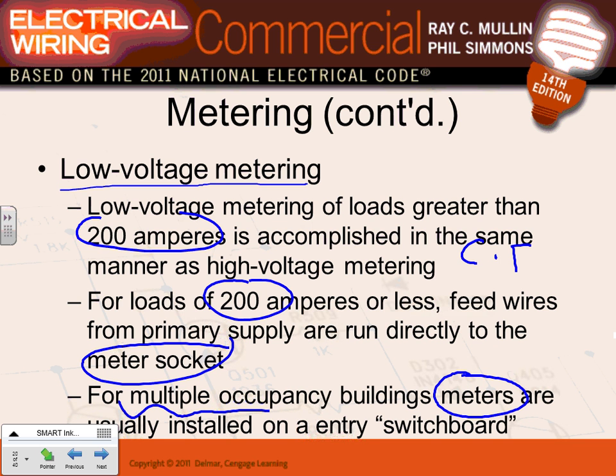Every occupant will have his own meter. Any comments, any questions? 200 amps, you bring a socket. More than 200 amps, you have a CT cabinet, and the meter socket is away; you don't bring the power cables to the meter socket. Any comments, guys, about low voltage? When we say low voltage metering, we are dealing with 600 volts or less. Everybody understand? That's low voltage metering, 600 volts or less.